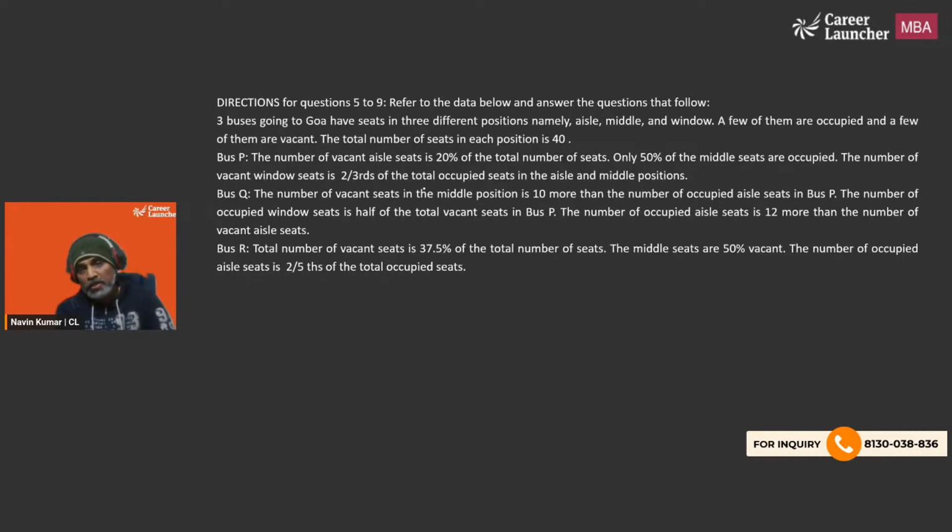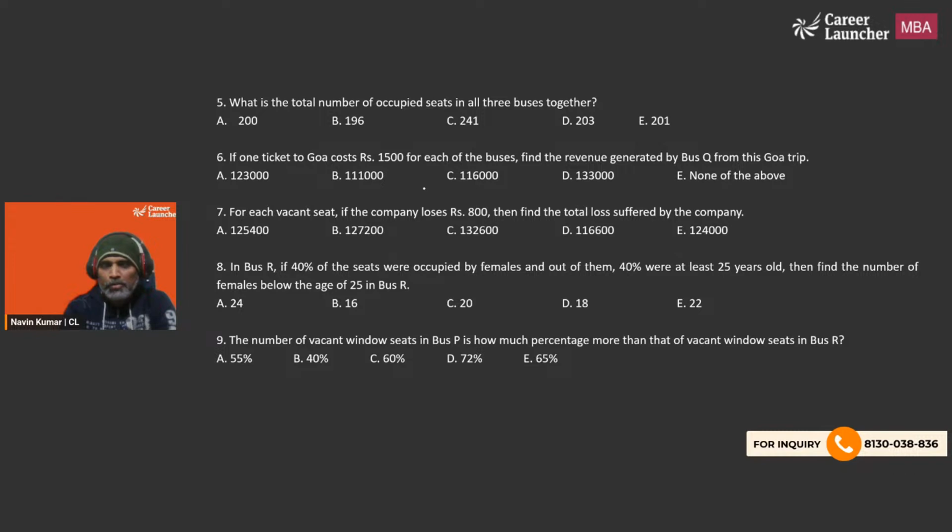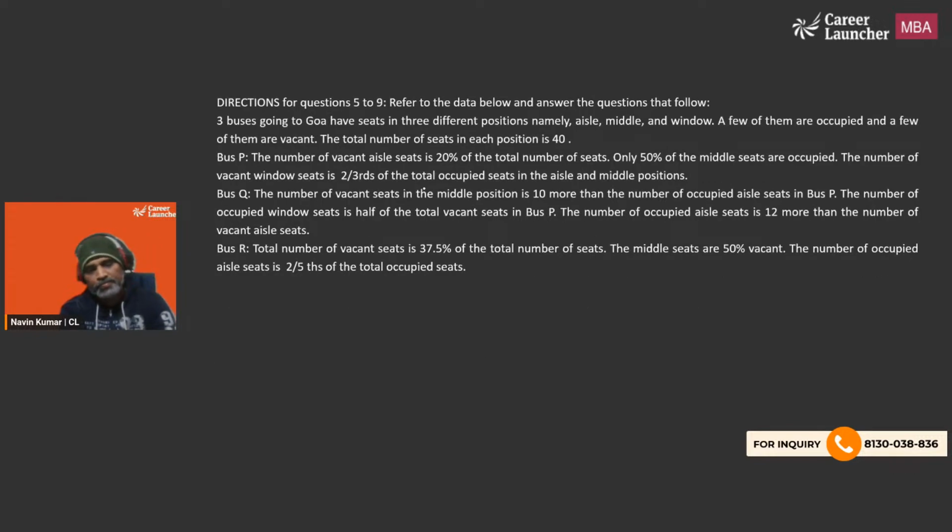So what I will do is I'll let it be. I'll give you guys 4 to 5 minutes for this particular set. Figure out all the types of seats under each of the types of buses as per the conditions given. Once you have figured it out, I believe we'll be able to solve all the questions. So, start. Give it a try.